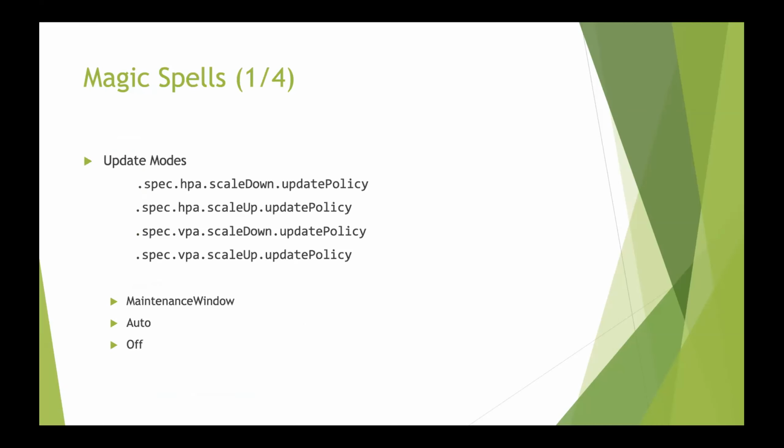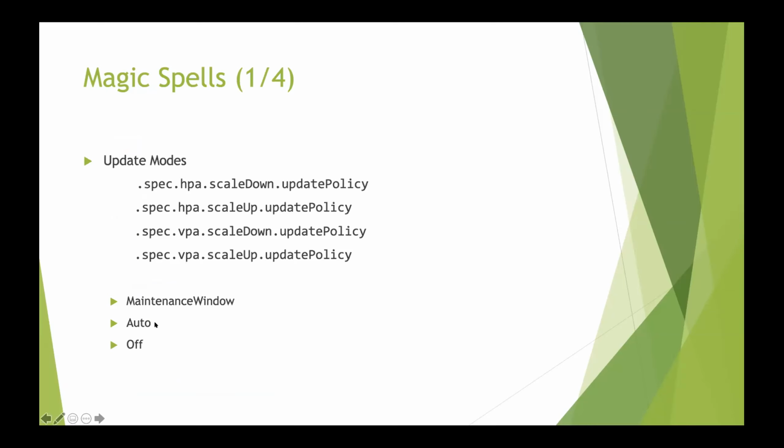There is one capability built into HVPA, which is setting an update policy for individual scaling, both horizontal and vertical, in all the directions, that is up and down. These update policies can be set to maintenance window, for example, in which case the scaling in any direction will happen only during the maintenance window specified in the spec of the HVPA resource.